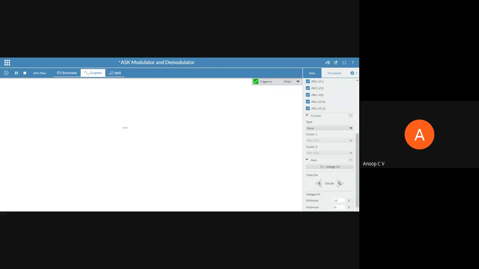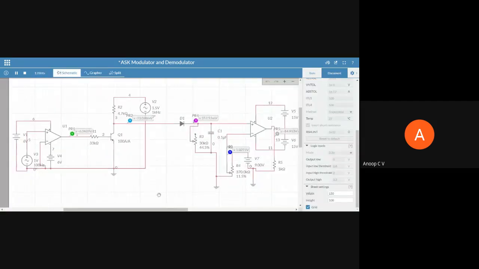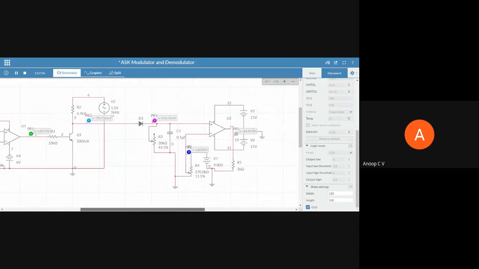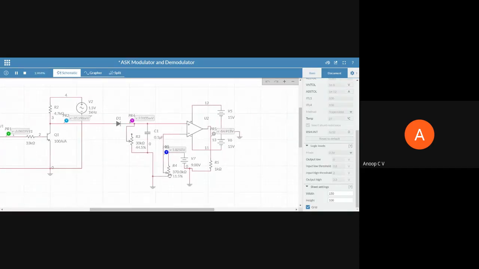Please excuse me. My Multisim Live was giving me some trouble. I can't see the graph now. It was visible till now, but it's okay. Right. So now if I change this, what will happen?